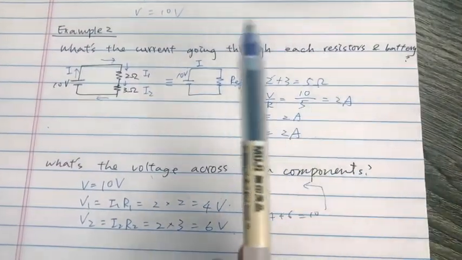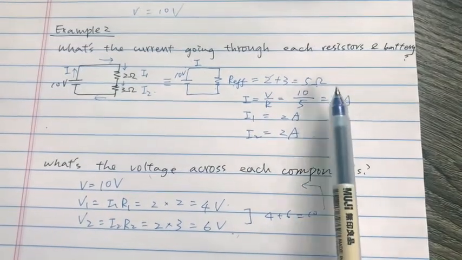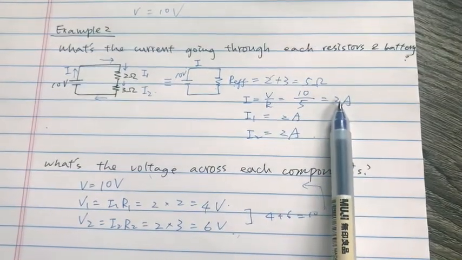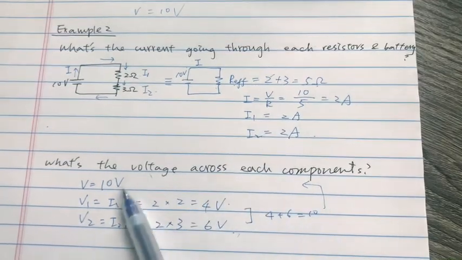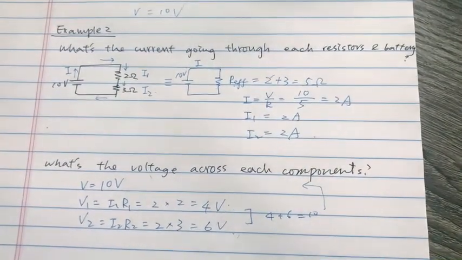Or another way is to simplify the circuit first to find the total current, and use the total current to find each individual current or voltage, depending on what you're interested in.